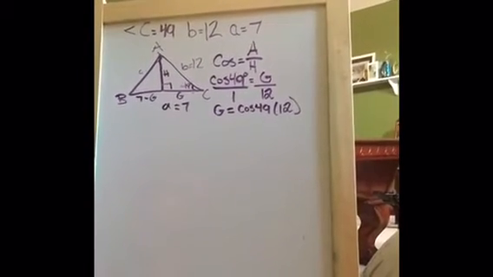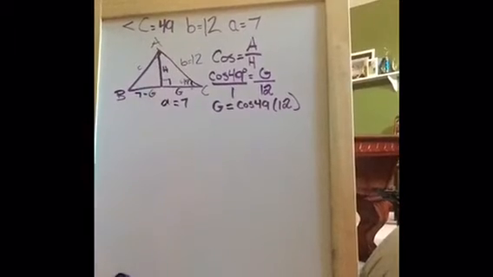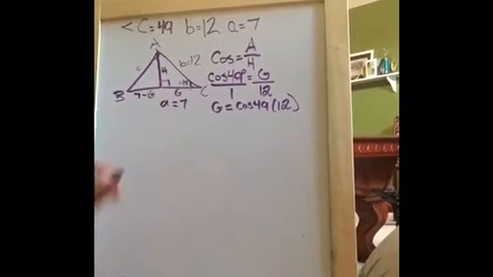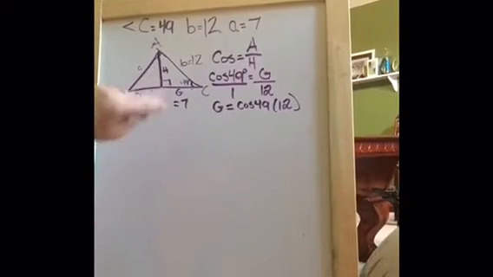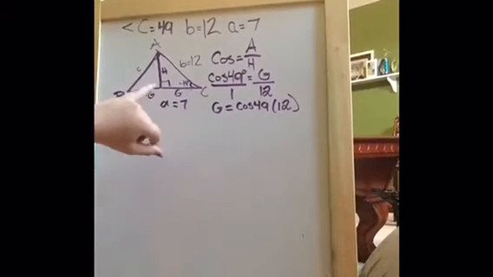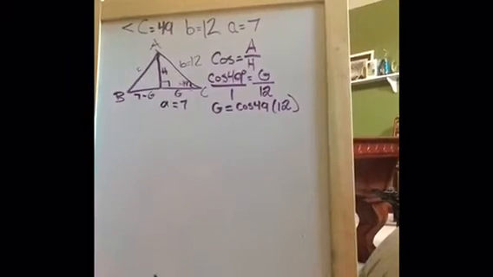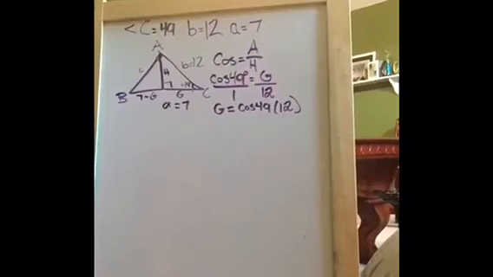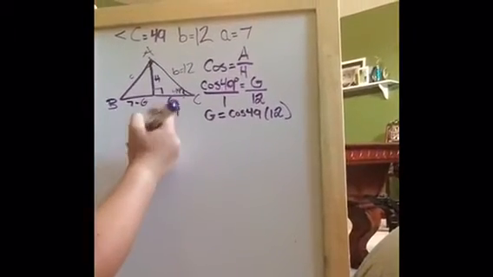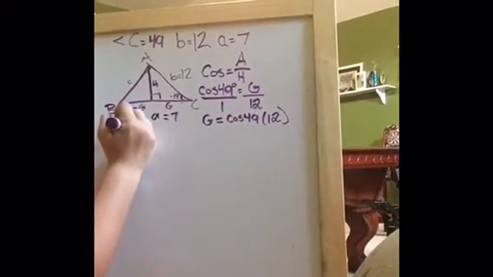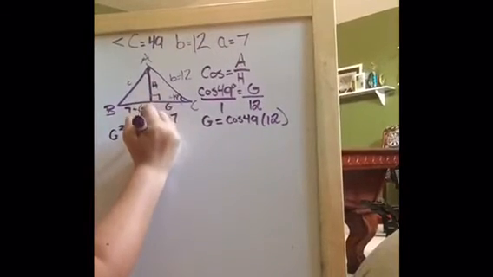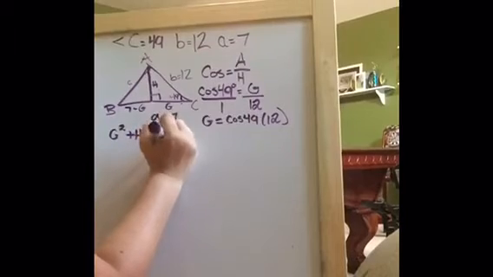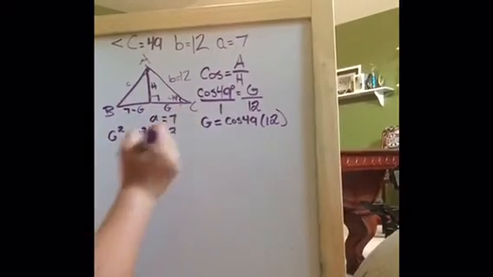Now we have to do the Pythagorean theorem, and we are going to start with this triangle right here. The Pythagorean theorem states that you have the 2 legs, and one leg squared plus another leg squared equals your hypotenuse squared. So you have G squared plus H squared equals 12 squared.